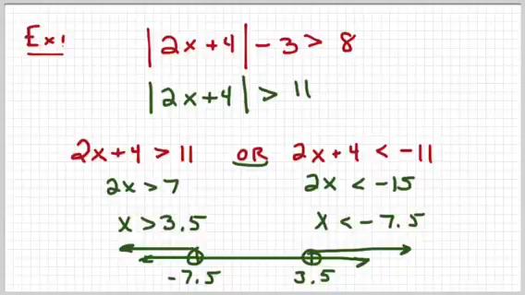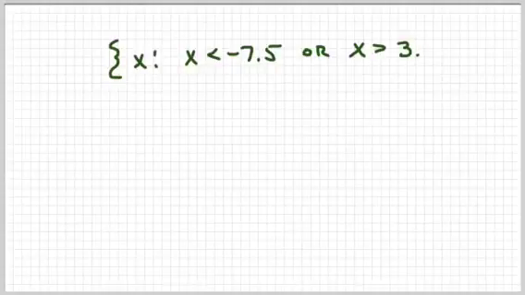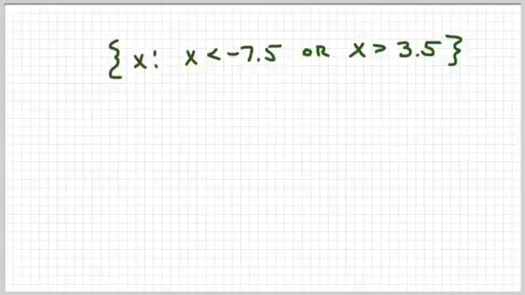Okay, if you want the solution set, it's all x values where x is less than negative 7.5 or x is greater than 3.5. Okay, so make sure you review some of the notes that we've taken in class, review these problems, some of the homework we've done, and I think you'll be in pretty good shape.